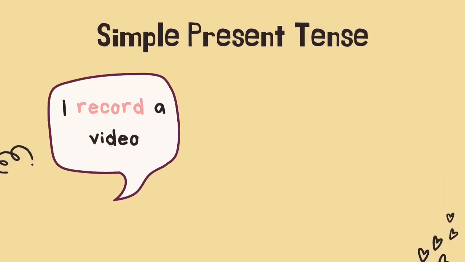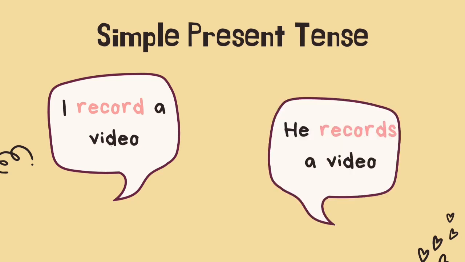I record a video. He records a video. Saya merekam sebuah video. Dia laki-laki merekam sebuah video. As you can see in here, the subject I, there's no add s after the verb. And because the subject is he, we add s after the verb.